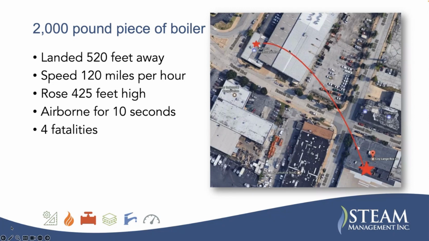It traveled 520 feet away at 120 miles an hour. It was 425 feet high, and it was airborne for 10 seconds. It landed in this healthcare linen place, and 4 people were killed because a piece of the boiler fell down on them.